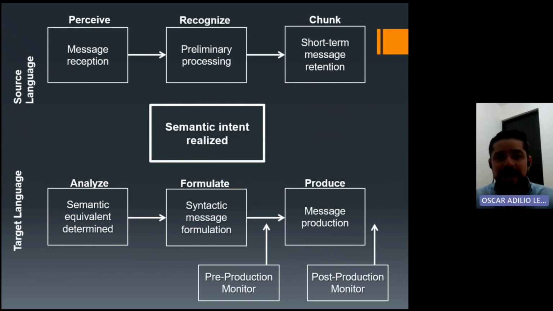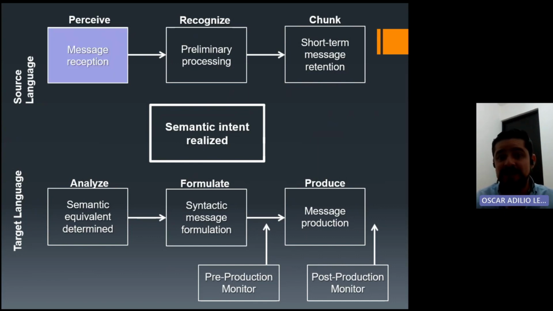I have here that some of these stages happen in the source language, there's one that is very neutral, and then we have three that happen in the target language. So the last stages happen in the target language. The first one is perceive, right? When we receive the message, we physically receive the sounds in our ears. That's the first stage.